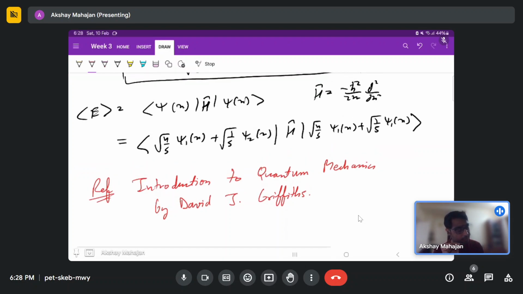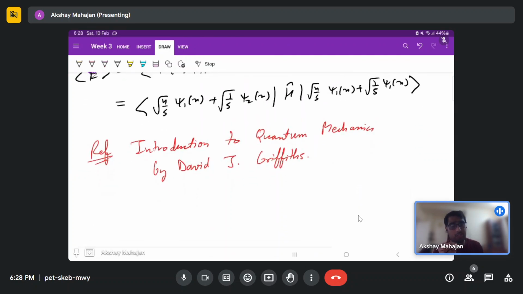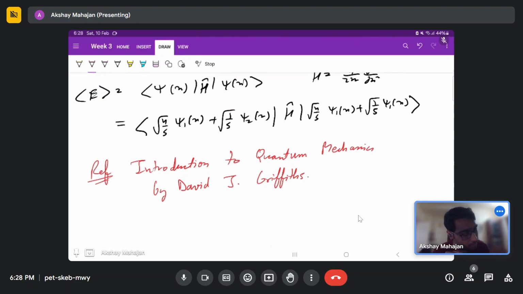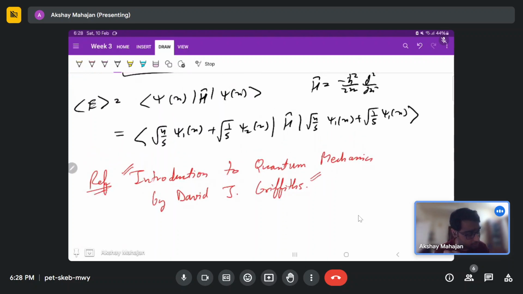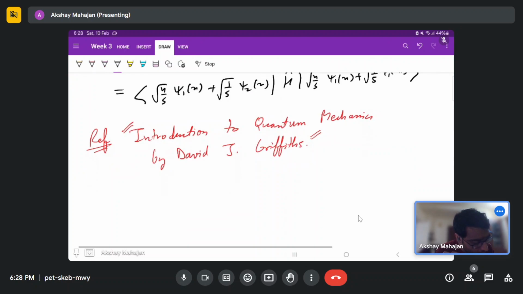If you want a good introduction to the basics of quantum mechanics, or Dirac notation, and I guess in the appendix there are also sections on eigenvalue problems and linear algebra. If you have any doubt in the basics of quantum mechanics, this is a nice book. We will solve some simple problems from this book as well in today's session.